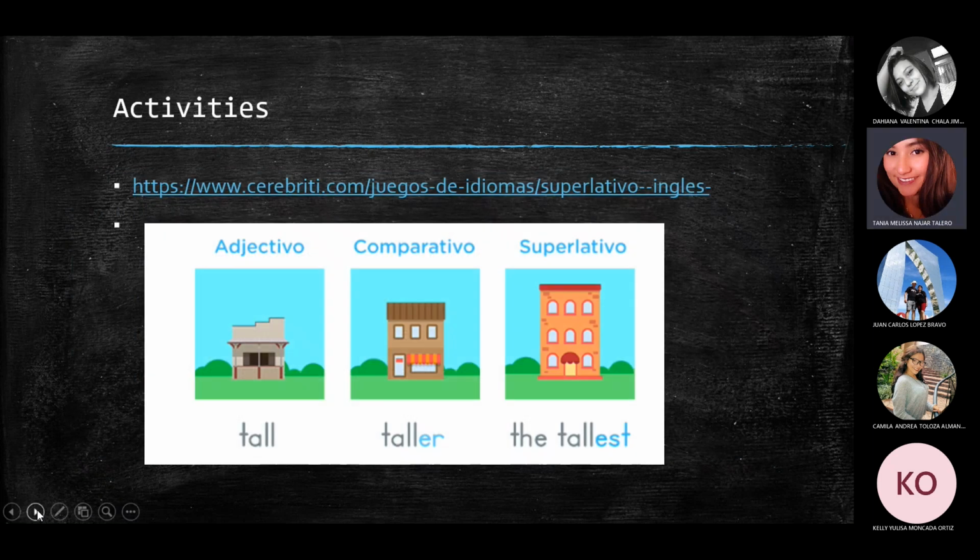Now we are going to start with our activities. So what do we have to do? I'm going to share a link with you, okay?